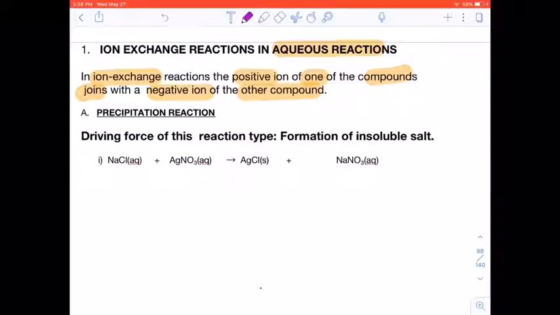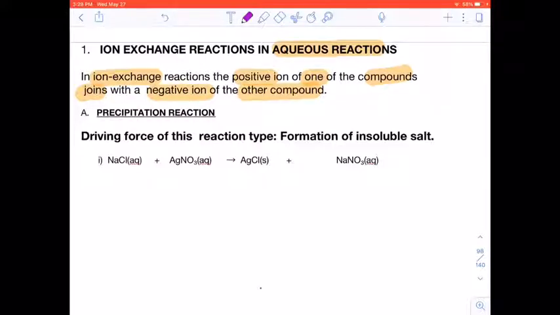So here we have sodium chloride in solution and silver nitrate in solution, and they react to give us silver chloride, which is insoluble. As you can see, I've indicated it by showing that it's a solid, and then we have sodium nitrate in aqueous solution.